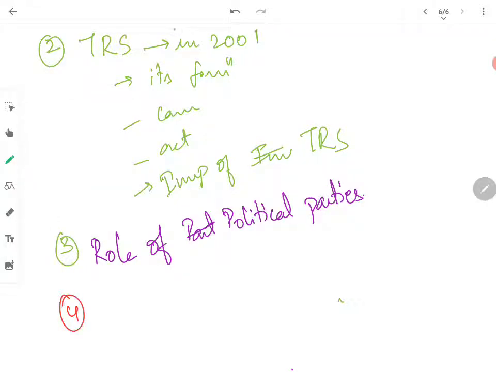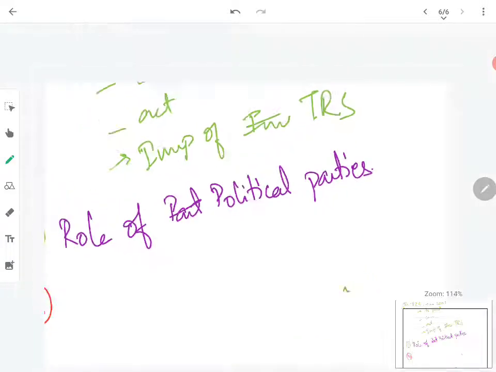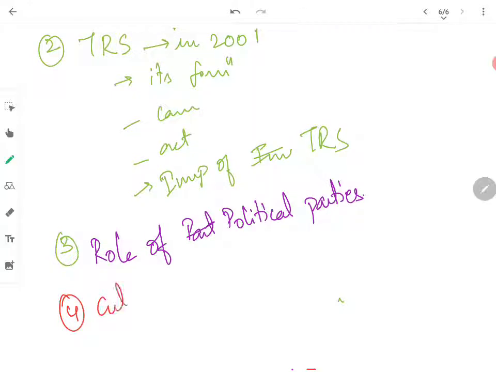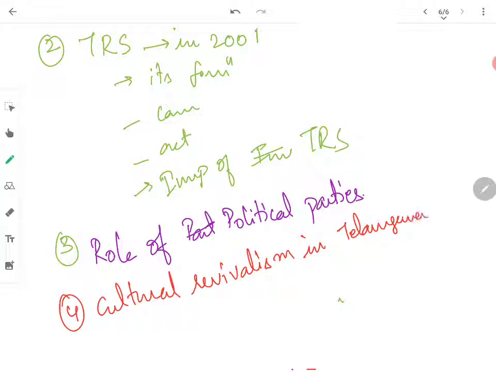And the next chapter is cultural revivalism in Telangana. This phase deals with Telangana culture, which was not given importance during the rule of Andhra Pradesh people.